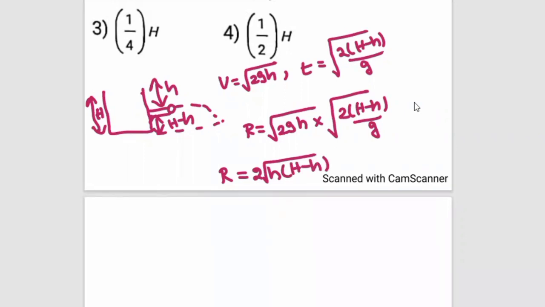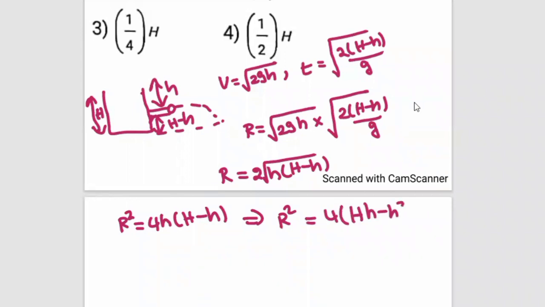We do squaring on both sides. R square is equal to 4 into h into (H minus h). You can write r square is equal to 4 into capital H into small h minus h square.